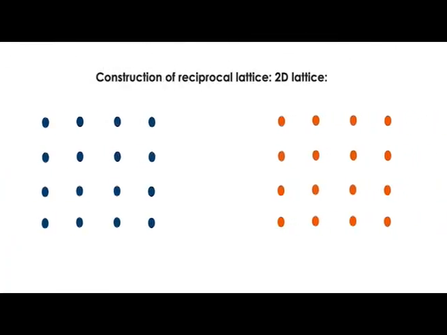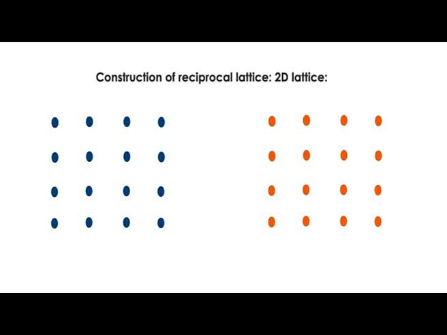As you can see, there are two figures given side by side. On the left side you will see a real lattice, and on the other side a reciprocal lattice. Both of them are two-dimensional lattices.